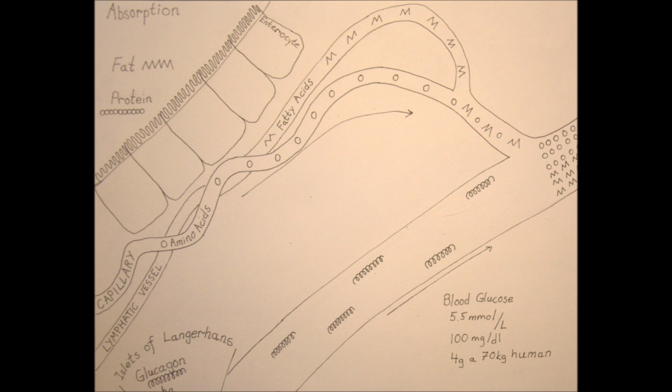This is the picture of bacon only. Fat and protein are going through the intestine wall. The amino acid, the protein, is going to the capillary. The lymphatic vessel takes the fatty acids and transports them to the blood.